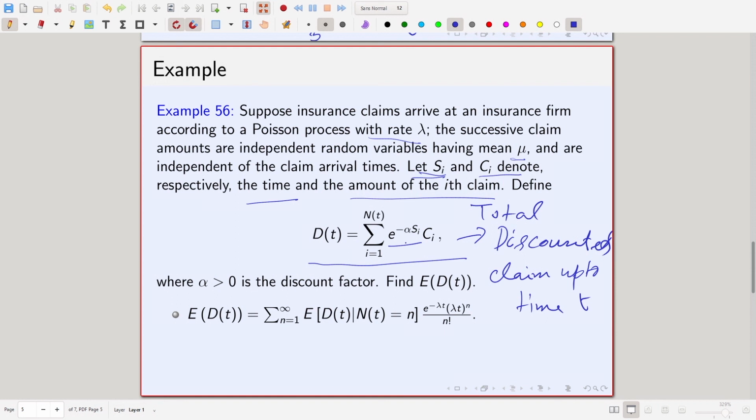Now why do you do this discounting? That is because there is some time value of money. If something is worth 100 rupees today, that is not worth 100 rupees say 1 year from now, because if you invest this 100 rupees in a bank or a post office, that will grow to something more. So something that is worth 100 rupees in future is less today.